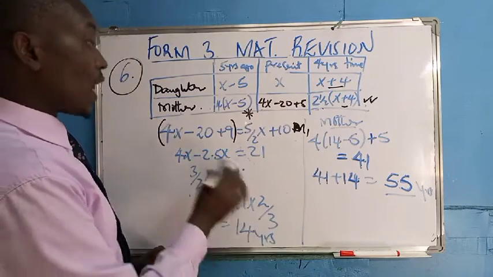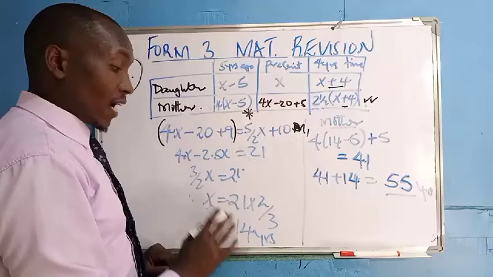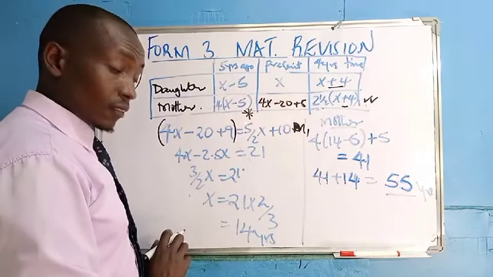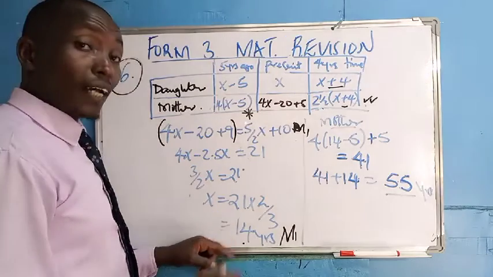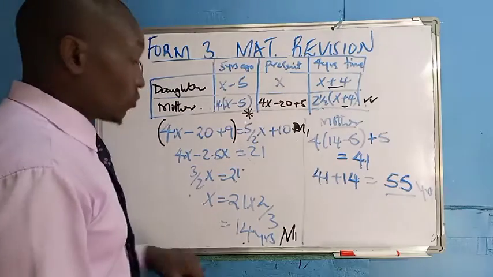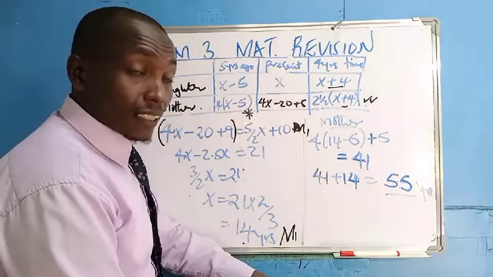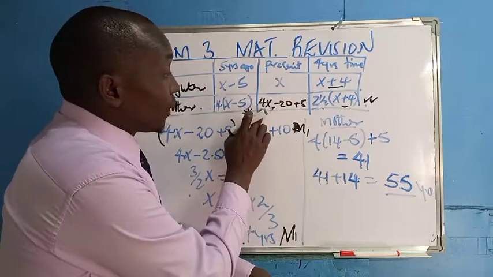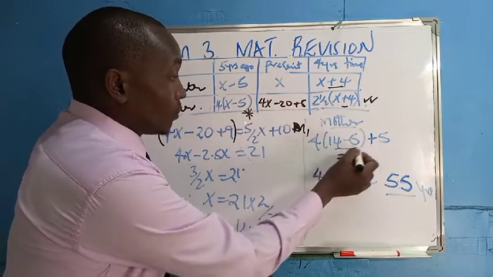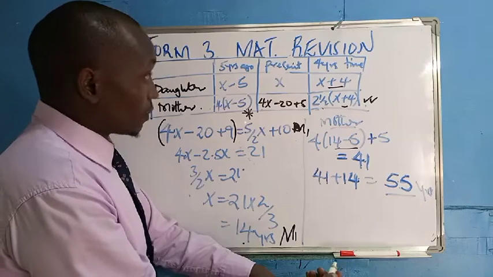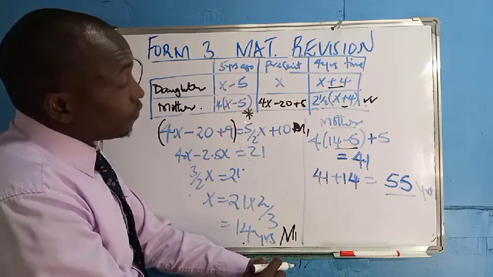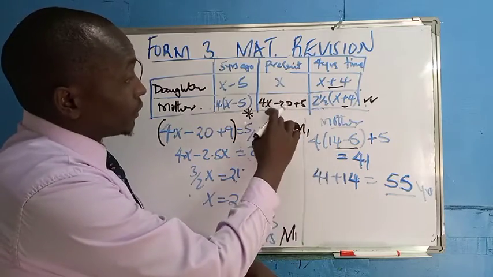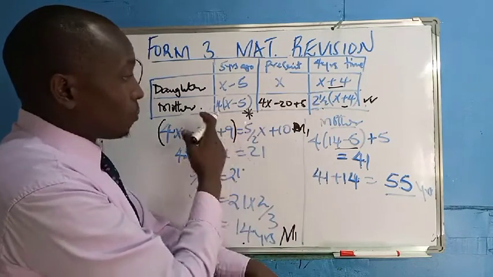Then all I need to do, I need to use this expression here and get the value of x, the age of the daughter, and that is it. The age of the daughter today, that one. So we are looking for the sum of their ages today. So I can do the age of the mother, that is, I can do the one of the son, that is 14, the present one. Okay, we don't know the present, but we can use the past.